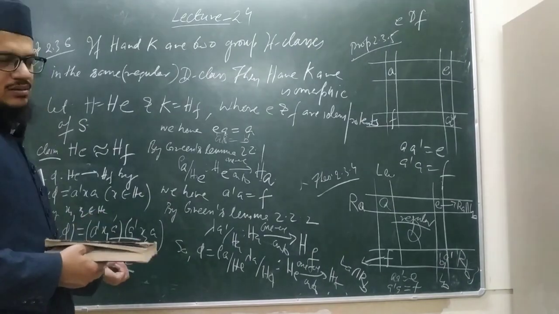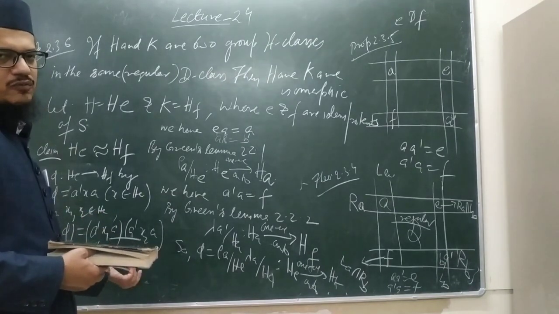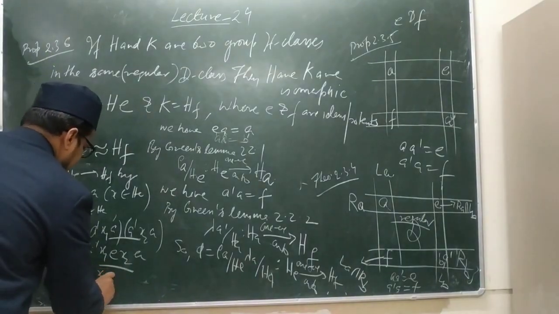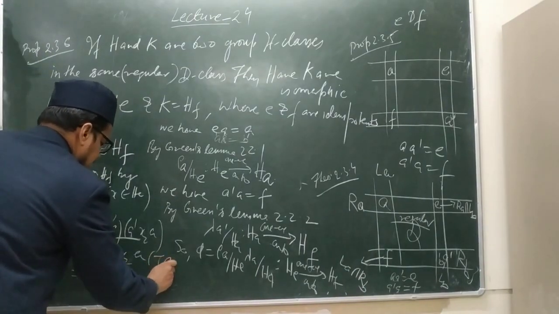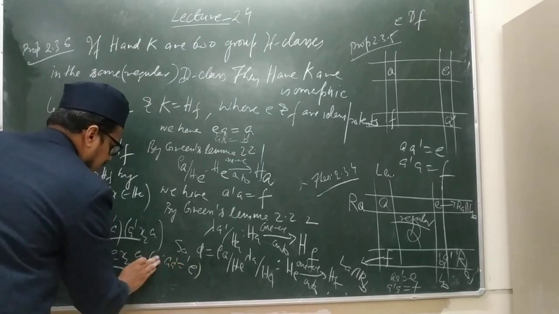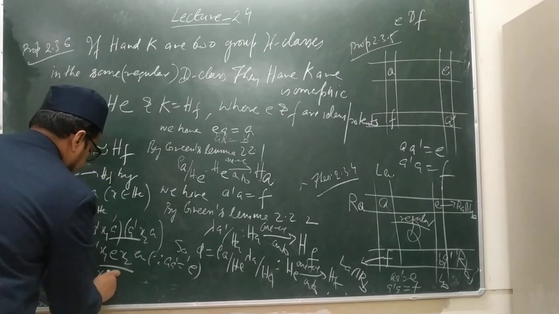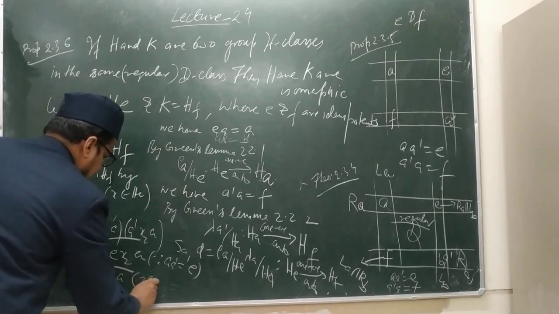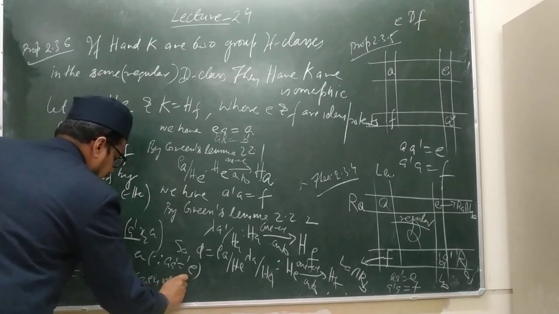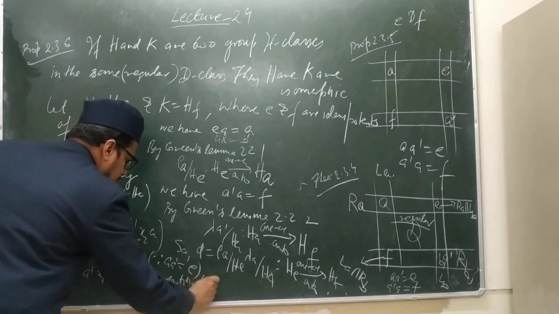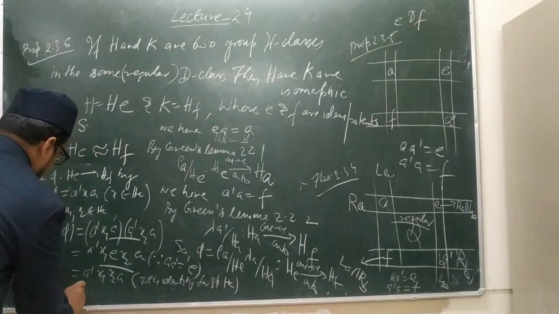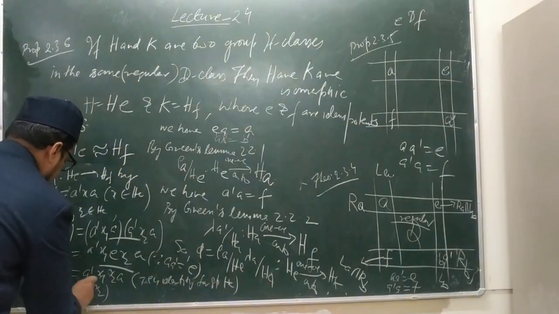So x1 into E is x1. So A dash x1, you write just, since A dash is equal to E, it is x1 x2 A, since E is the identity for group HE, correct? Now this is x1 x2 phi.